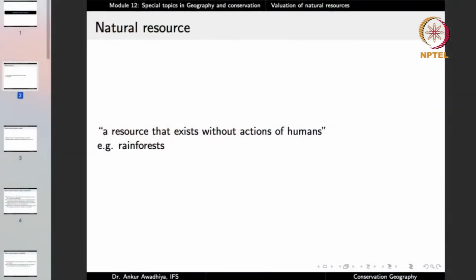Humans only have the power to exploit a natural resource, to completely finish it off. But humans are not required for the continuation of a natural resource. If humans are required for the continuation of a resource, we will not call it a natural resource. So, a natural resource is a resource that exists without the actions of humans.